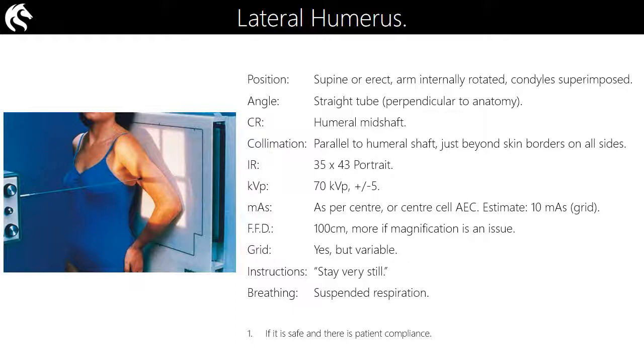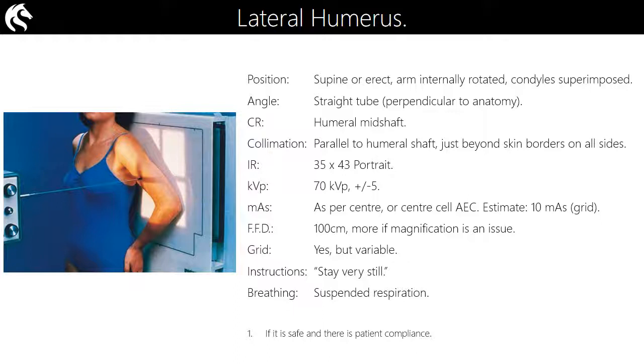It's actually very, very uncomfortable to try to push your shoulder backwards to get in contact with the image receptor there as well. So the positioning of a lateral humerus is as from the previous projection, but with condyles superimposed. So you should be palpating those humeral epicondyles to make sure they are superimposed, but it can be a very, very difficult projection to do.